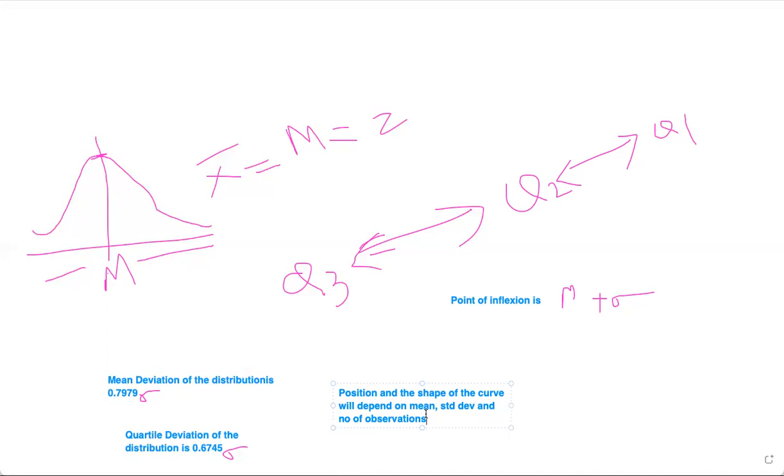And area under the normal curve is given as, do you remember that? Can I write it here?